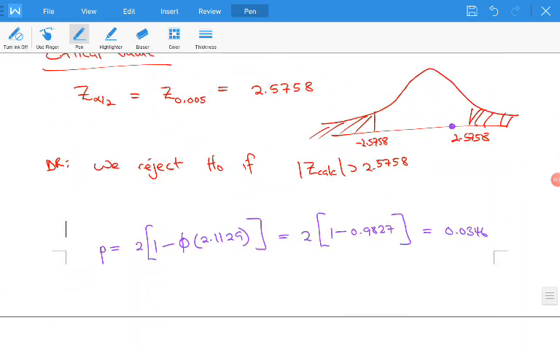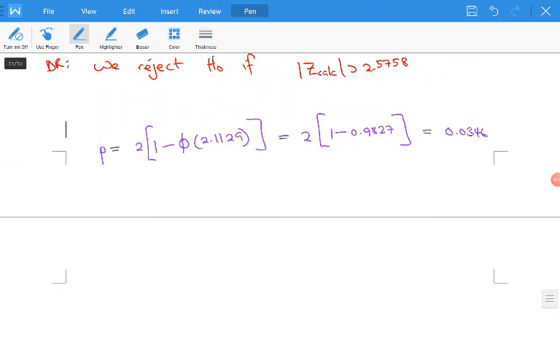So our alpha, the decision rule is that we reject H naught if p is less than alpha. In this case, our p is equal to 0.0346, and our alpha is equal to 0.01.